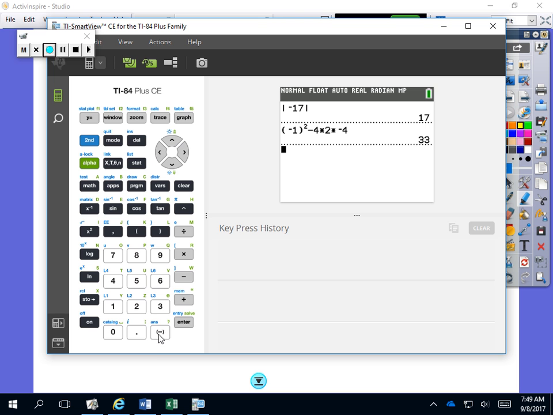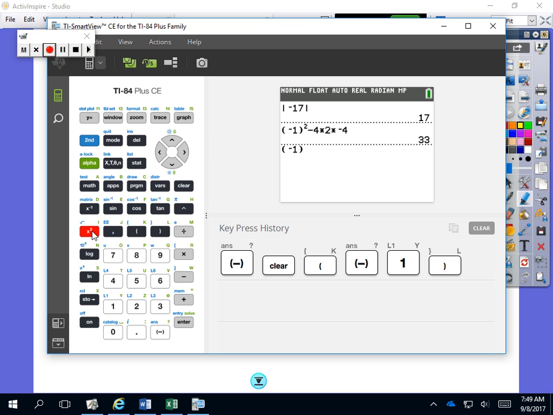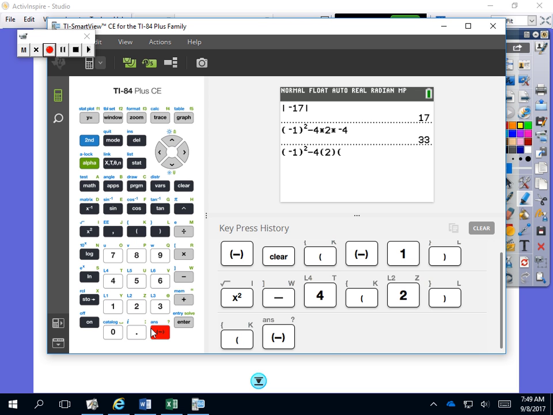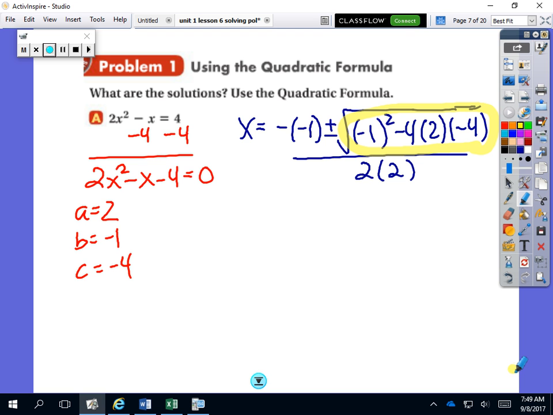So you've got parentheses, negative 1 squared minus 4 times 2 times negative 4. When you put that in your calculator with parentheses, you're not going to have any mistakes. If you don't use the parentheses, you're going to end up with mistakes. When you put that in your calculator, you should get 33. So that's what's going to be under the radical.